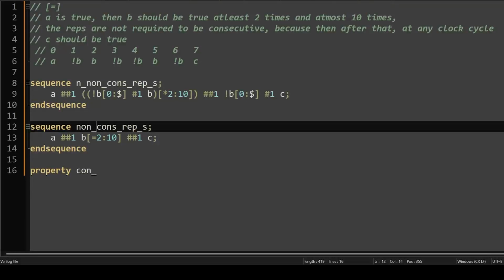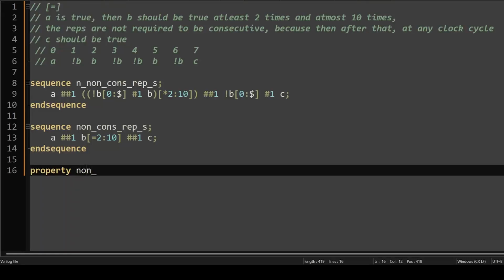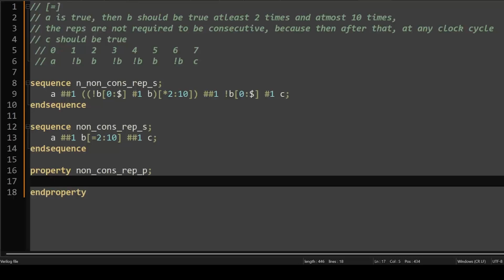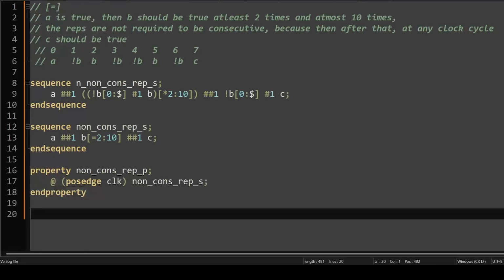We want this particular sequence to be sampled at every passage of the clock. Right after that, let's assert the property.